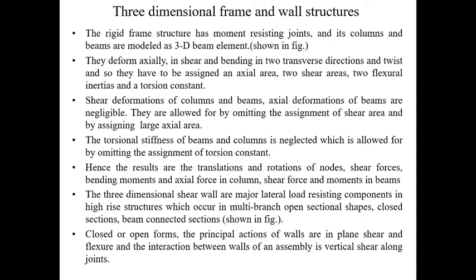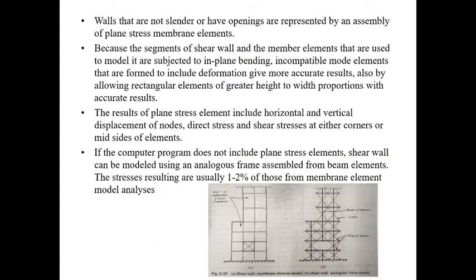Now in this, the high-rise rigid frame structure has moment resisting joints, and the columns and the beams will be modeled as 3D beam elements. I'll just show you the elements we had seen in the previous lecture.